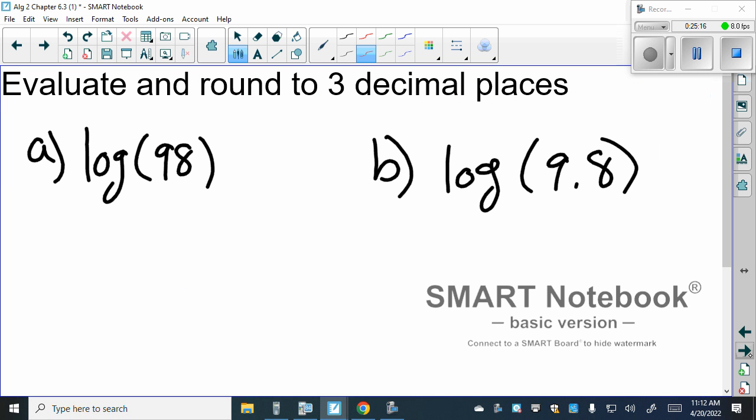Well, we can do the same thing with log of 98 and log of 9.8. And what would we get if we typed in log of 98? 1 point what? 1.991. And log of 9.8 is 0.991. That's kind of interesting, isn't it? I mean, these two are essentially the same, but we just dropped the 1.